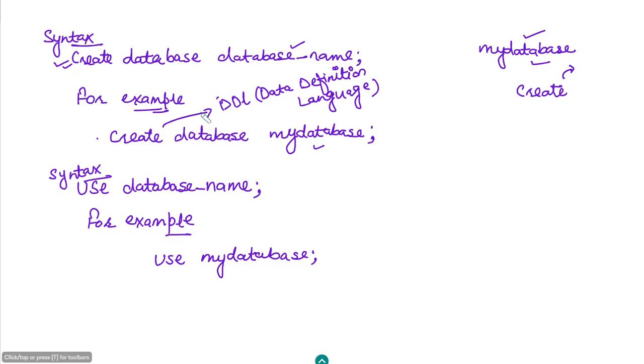Whatever structure we create by using command, all the commands will come under the DDL, right? Remember this. DDL stands for data definition language. This is used to create any structure of a database or table and so on, right?